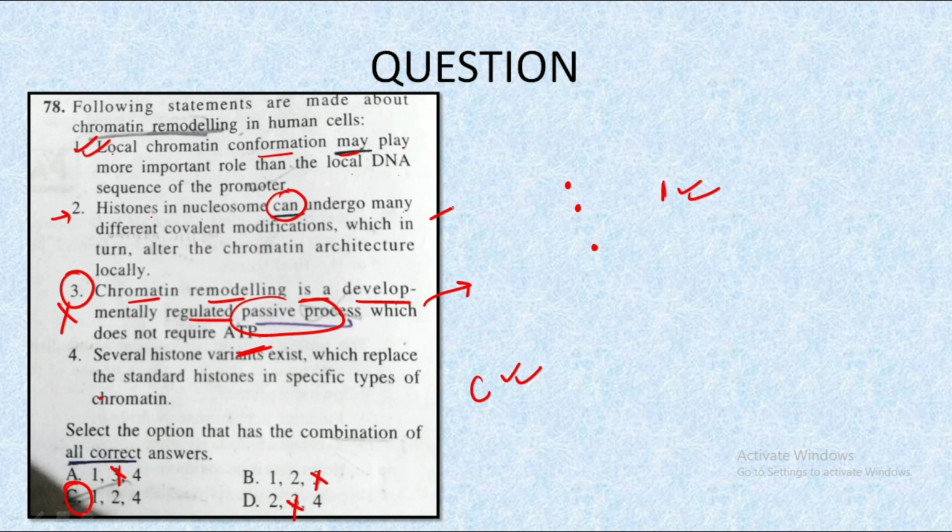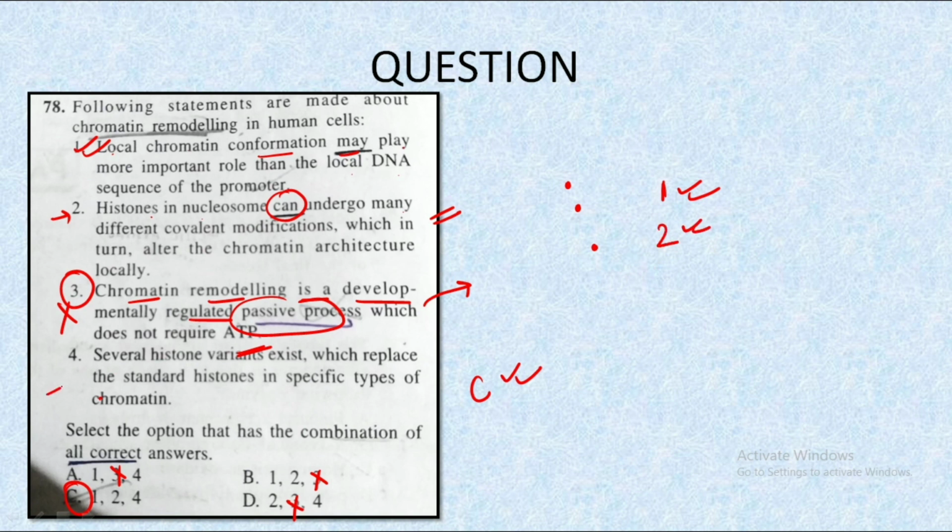This is a correct statement because histones undergo different covalent modifications and hence change the chromatin architecture or design. This is the actual function of histones. So B is also a correct option.